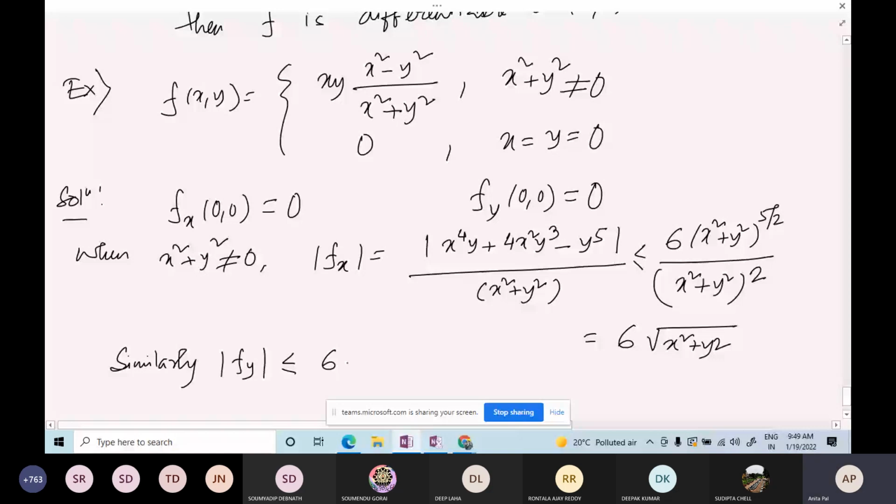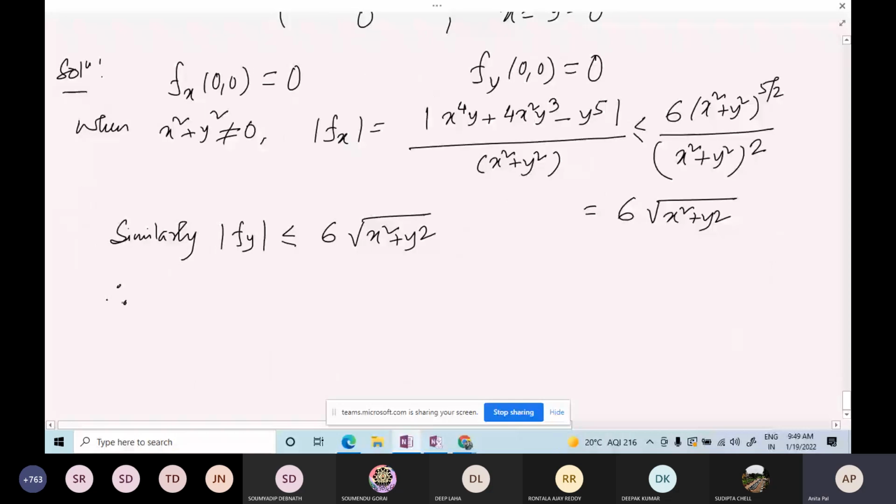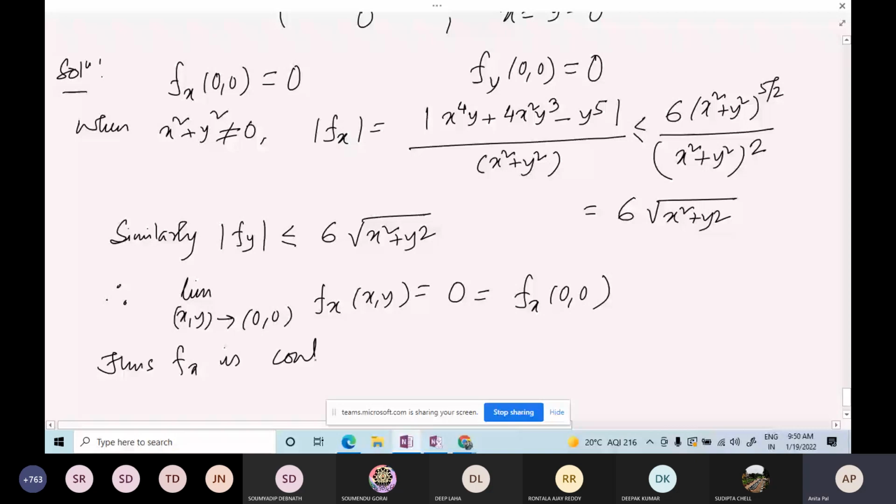So if these two conditions hold, therefore limit (x,y) tends to (0,0) of fx(x,y) is equal to 0, and this is equal to fx(0,0). So fx is continuous at (0,0) and fy(0,0) exists.